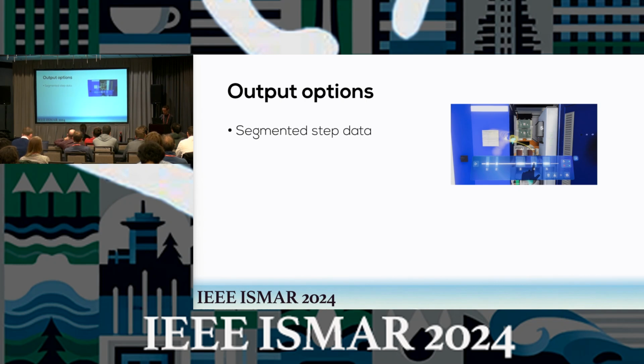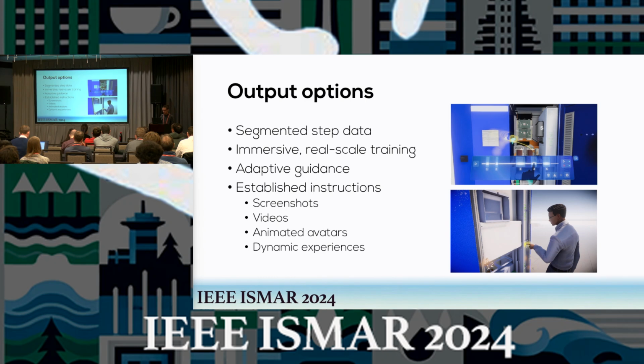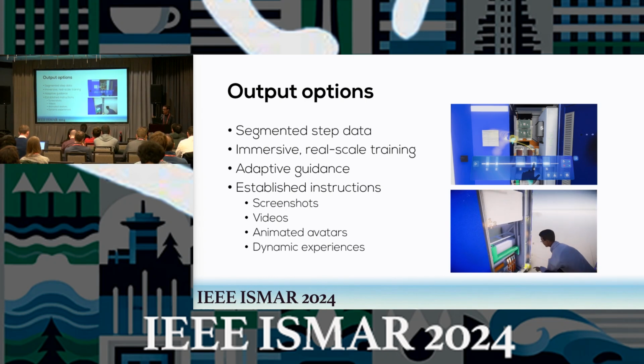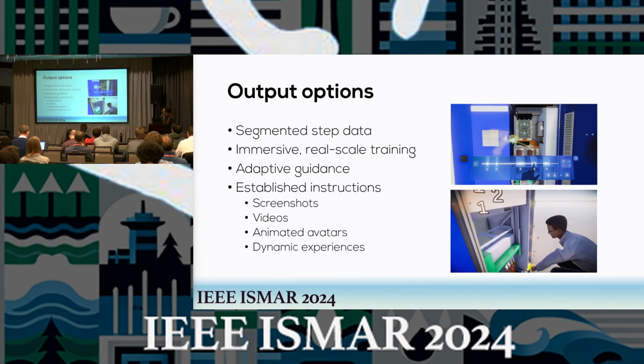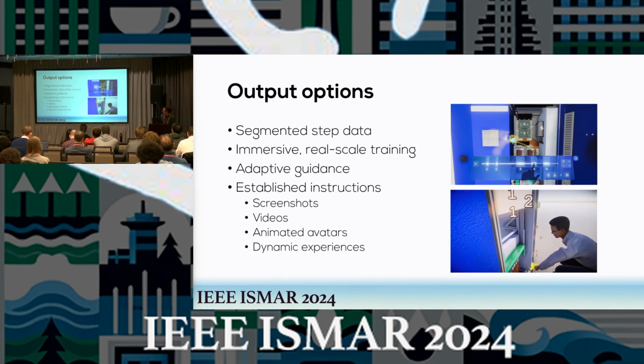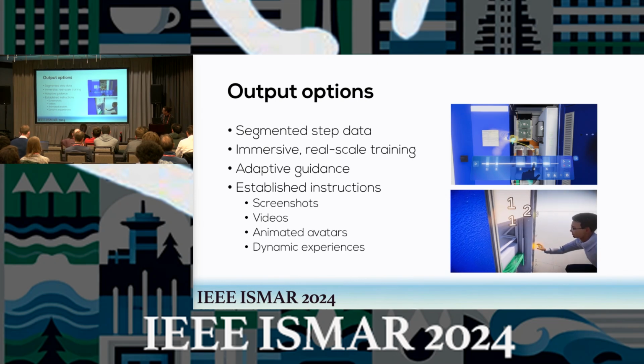The recordings can be used for generating immersive virtual reality training sessions, or adaptive guidance using the segmented steps, as well as various formats compatible with already established instructions, such as screenshots or videos or animated avatars, as well as free viewpoint dynamic experiences that can be created using the recorded movements. Here's just a quick avatar that was animated using the head and hand poses that we captured.